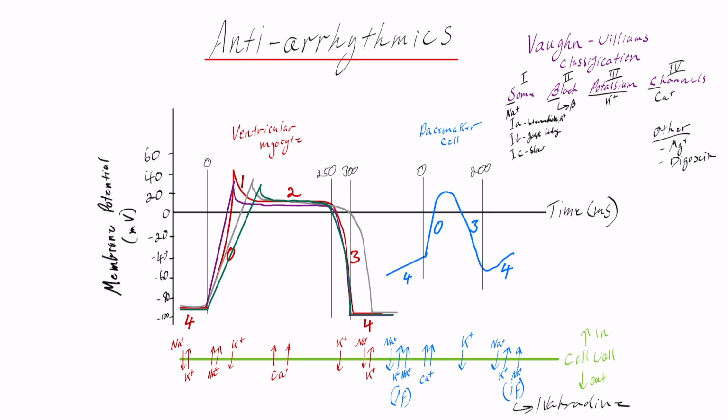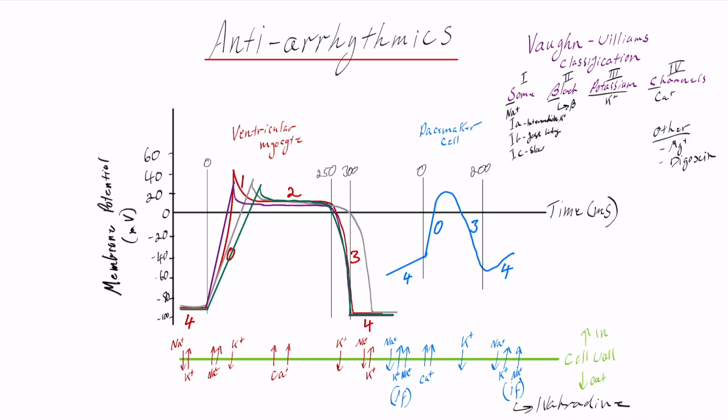Now moving on to our beta blockers. Beta blockers are a bit different in that they don't necessarily affect your ventricular myocyte. What beta blockers do is they reduce the adrenergic input from things such as adrenaline and noradrenaline on the heart. Adrenoreceptors in the heart lead to intracellular changes and signaling.